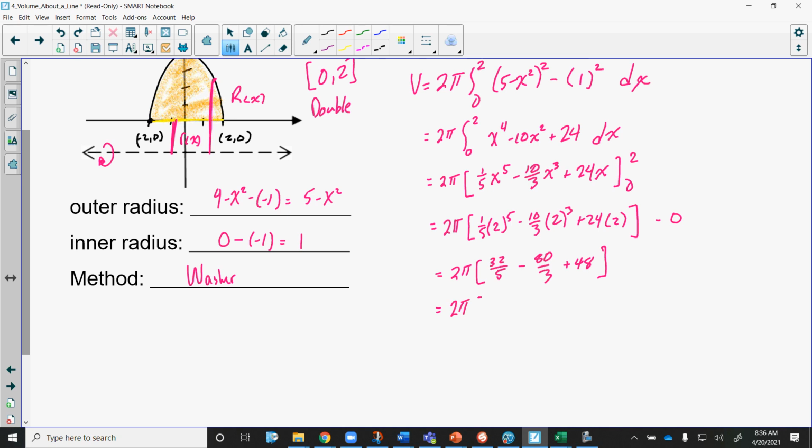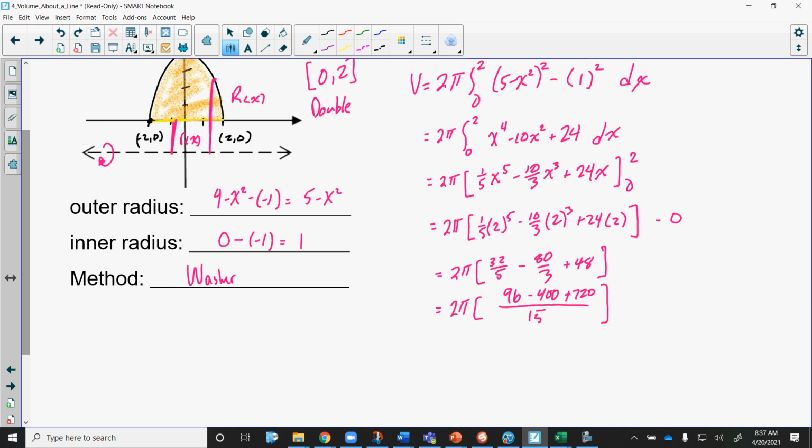So get a common denominator of 15. So we have 2 pi. So we have to multiply 32 by 3, which will give me a 96. We got to multiply 80 by 5, which will give me a negative 400. And we have to multiply 48 by 15, which I'm not going to lie, I did that one on a calculator, plus 720 here.